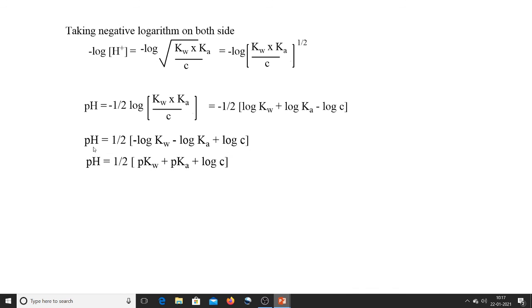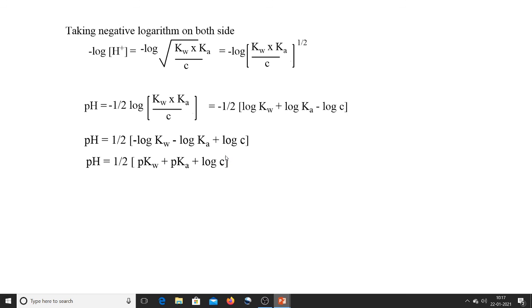Then pH is equal to 1 by 2, taking the sign into the bracket: minus log Kw, minus log Ka, plus log C. So pH is equal to 1 by 2 into (pKw plus pKa plus log C), where minus log Kw means pKw and minus log Ka means pKa.